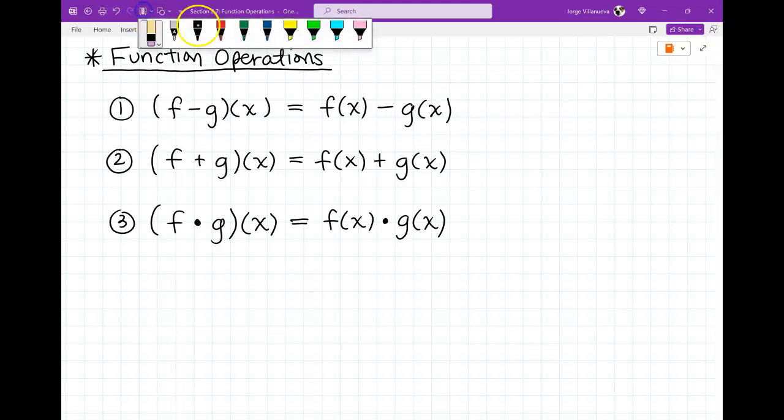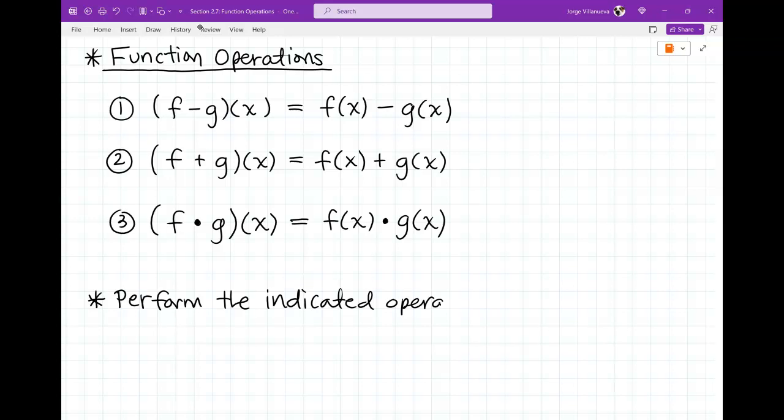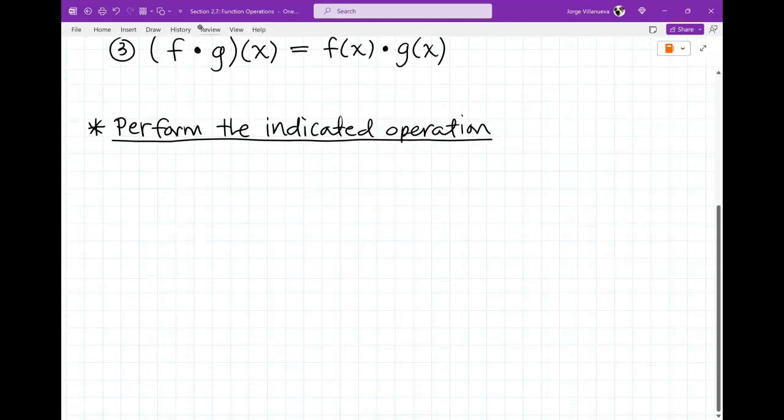That's going to be the instruction. In other words, do what we're asking, right? If we want you to subtract, then subtract. If we want you to add, then add. If we want you to multiply, then multiply.